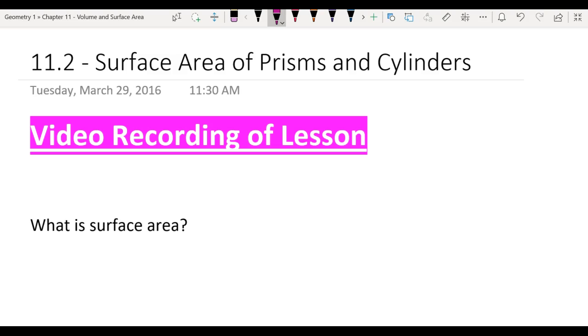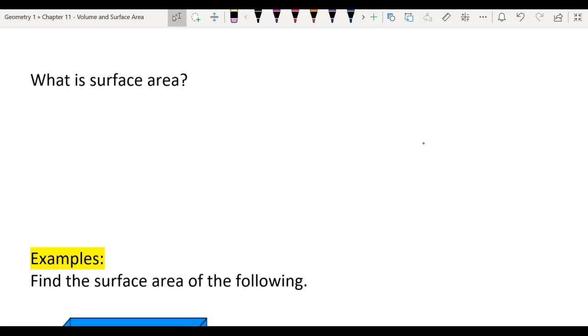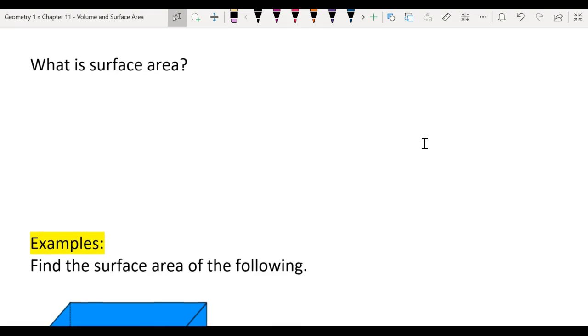So the first thing we need to talk about is what is surface area? Surface area is when you take a three-dimensional figure such as this and you add together the area of all your sides. This is useful if you become a cardboard engineer.